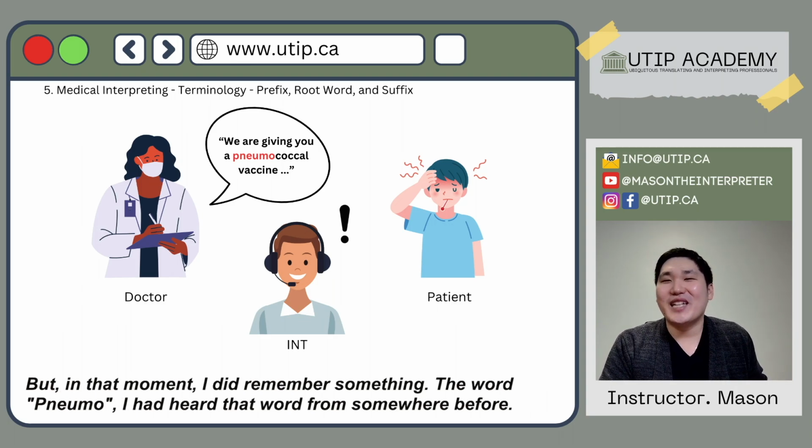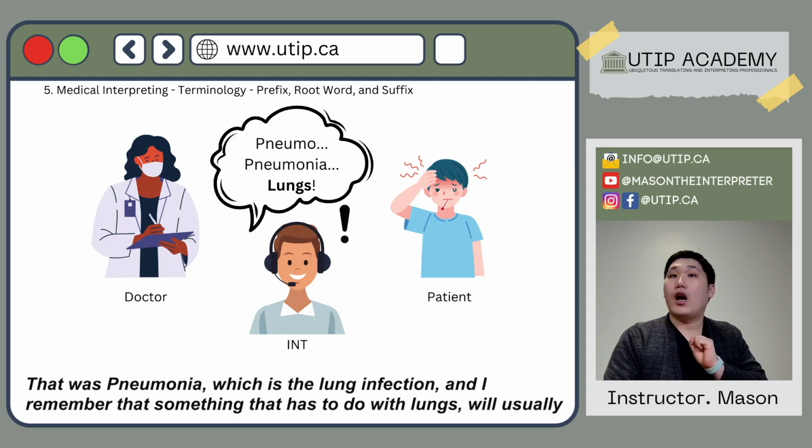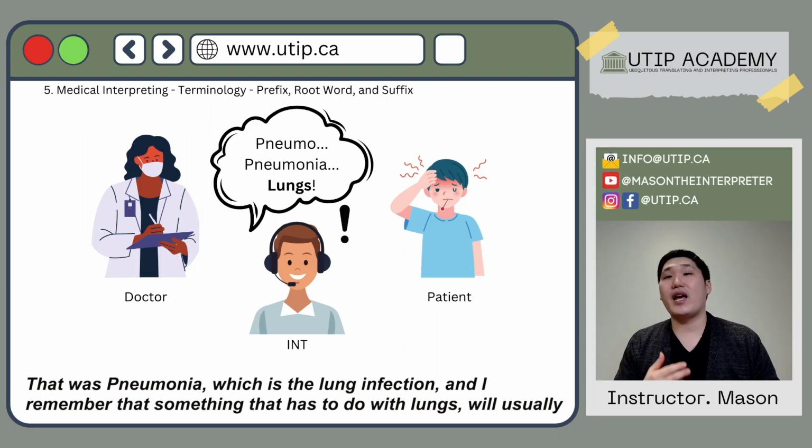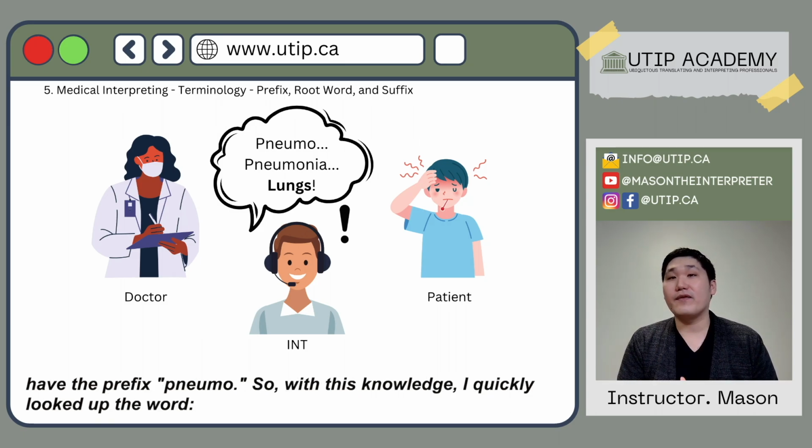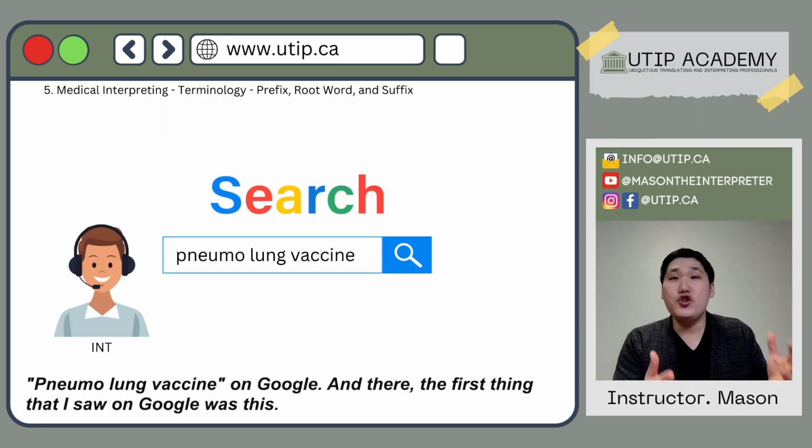But in the moment, I did remember something, the word pneumo. I had heard that word from somewhere before. That was pneumonia, which is the lung infection. And I remember that something that has to do with lungs will usually have the prefix pneumo. So with this knowledge, I quickly looked up the word pneumo lung vaccine on Google.